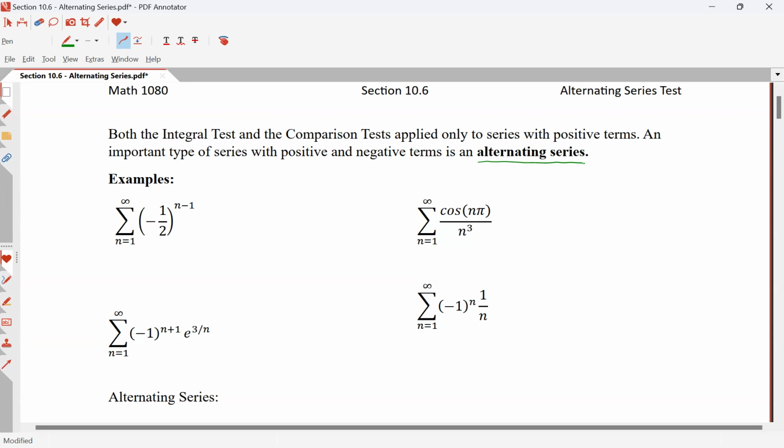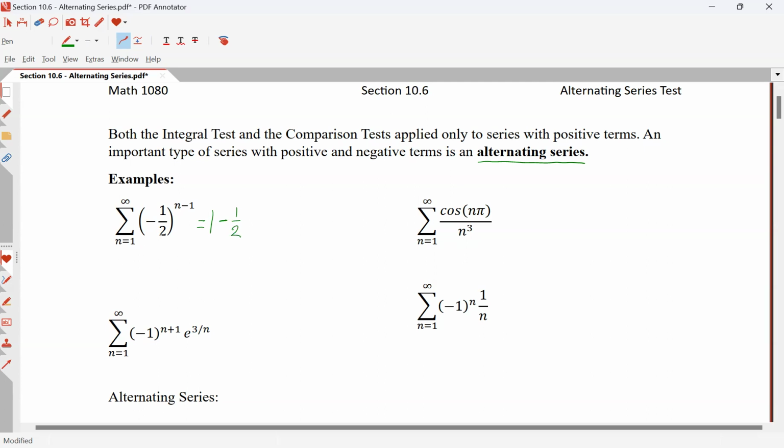We first have the example of (-1/2)^(n-1). When I plug in 1, I get (-1/2)^0, which is 1. When I plug in 2, I get (-1/2) to the first, which is -1/2.